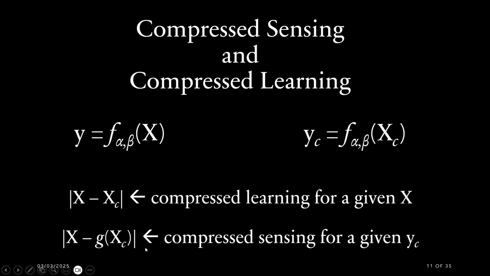For compressed sensing, you transform because you want to sense, so you need to have a function of x rather than just exactly minimizing the distance. In other words, it's basically extracting some features from that, and then sensing it.